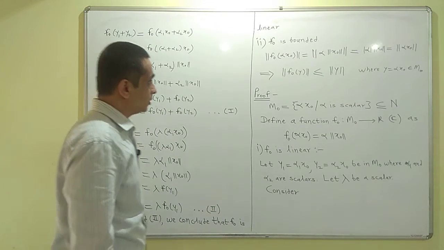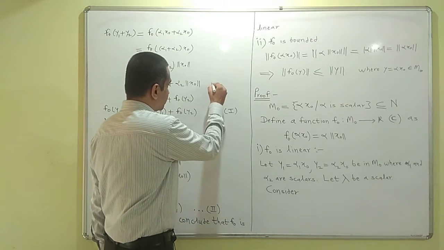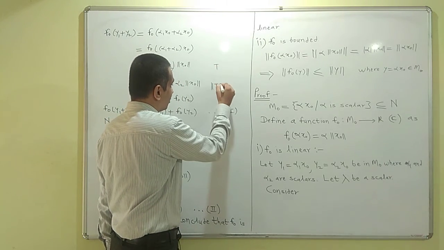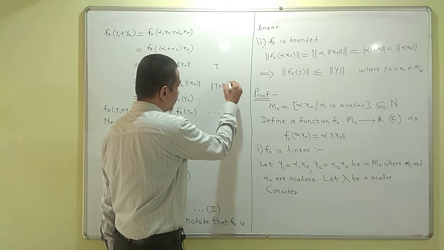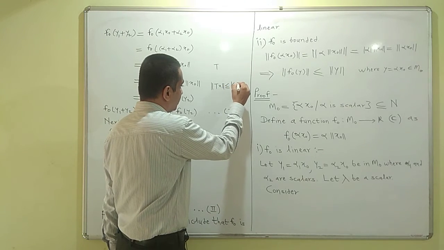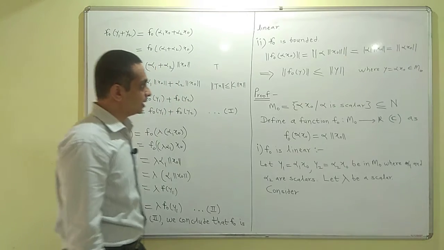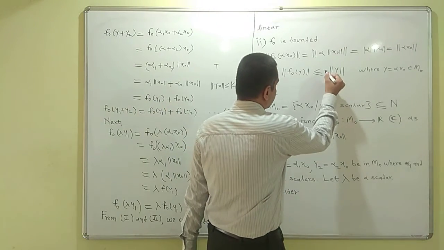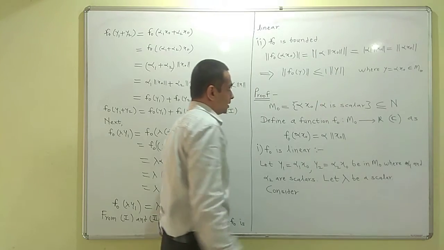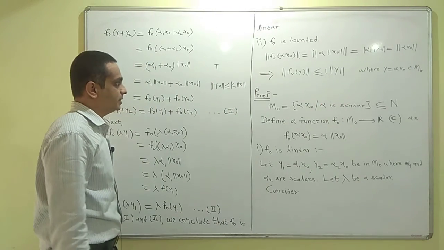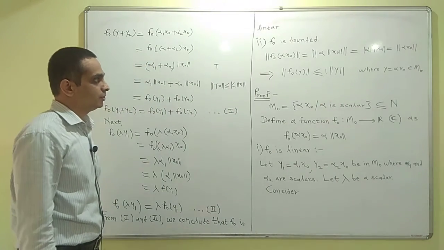A function T is bounded if there is a constant k such that norm of Tx is less than or equal to k times norm x. So in this case the constant is 1 itself. Such a constant exists, hence we can say that f0 is bounded.